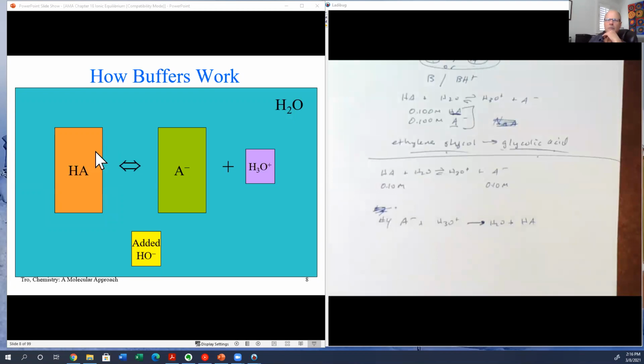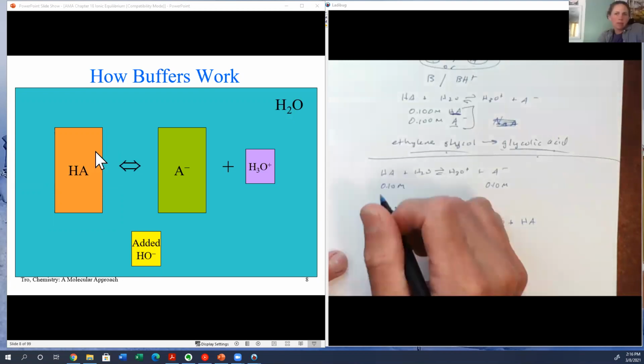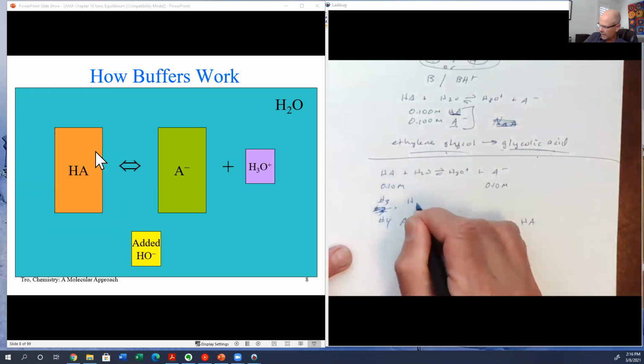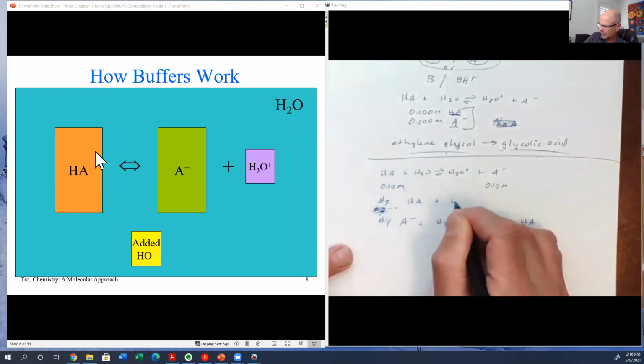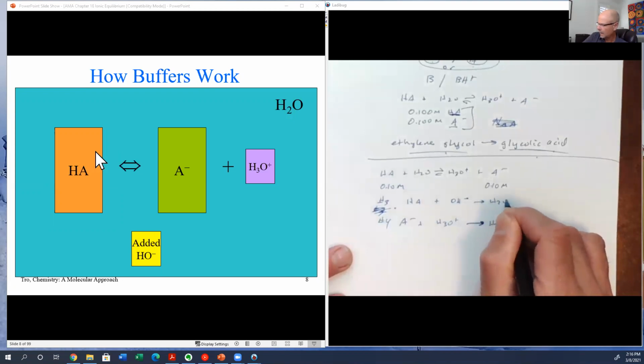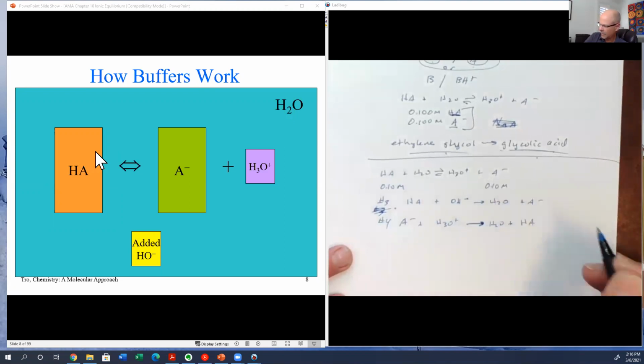Now let's see how this buffer neutralizes base, right? What do you think the base is going to react with? The acid. The acid. Okay, and that's equation number 3. So that equation is HA plus OH minus goes to H2O plus A minus. All right.